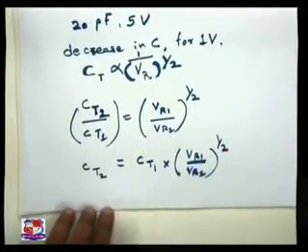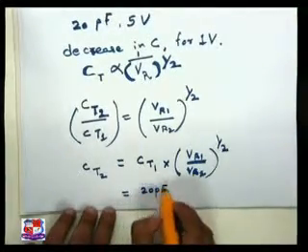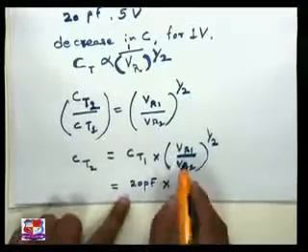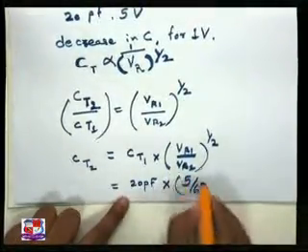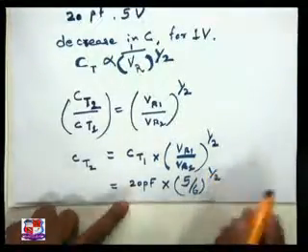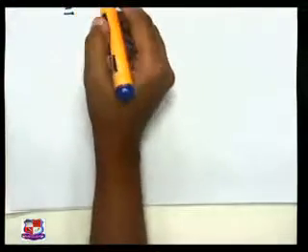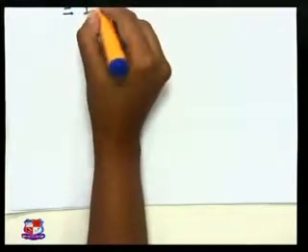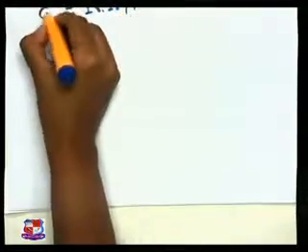So CT1 is what? 20 picofarad, right? And what is the ratio of VR1 and VR2? That is 5 by 6, 5 by 6 raised to half. What is the answer? The answer says that it is 18.25 picofarad, and this is actually CT2.